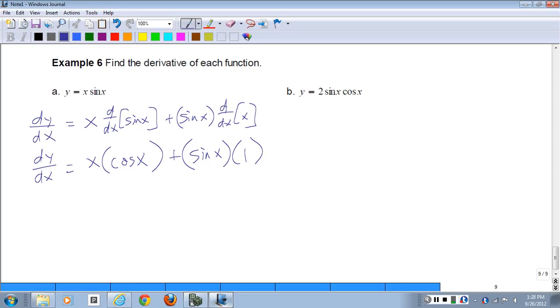I wish I had a real neat, clean way of writing this, but really don't. That's basically it. dy/dx equals x cosine x plus sine x.